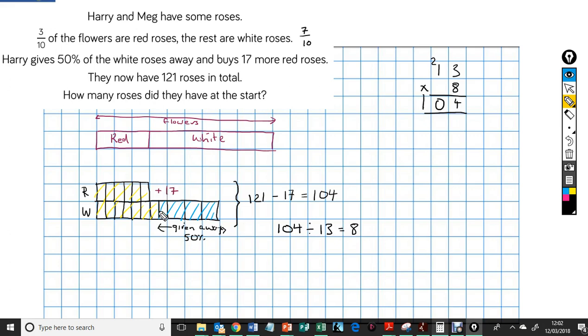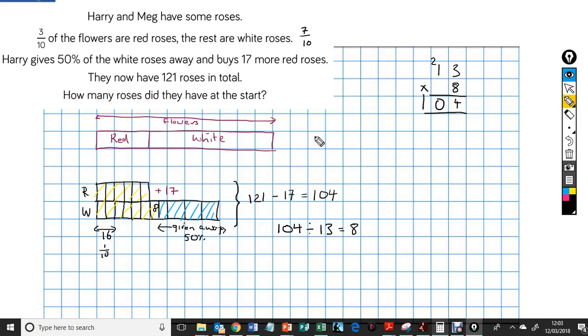And that means that each of these little blocks has a value of 8. Which tells me that each of these, which has 2 blocks, has a value of 16. So each tenth, remember these were tenths, is 16.